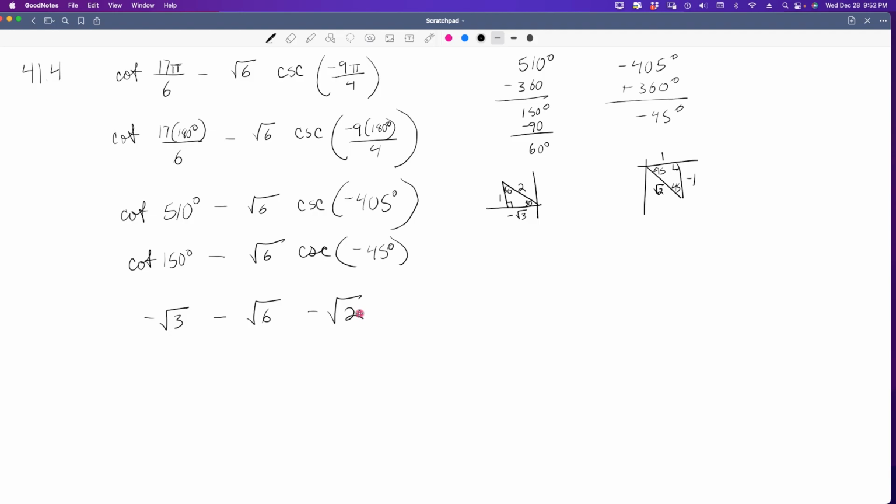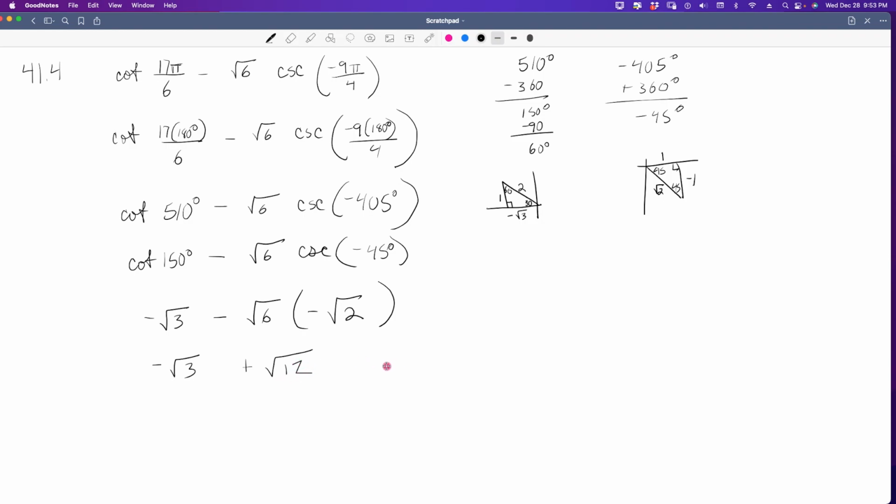Now, this is times -6, negative square root of 6 times the negative square root of 2. So actually this is just 6. This is -6 times the square root of 2. So negative square root of 3, and this is going to be, let's see, negative times negative is positive. So it's the positive square root of 12.